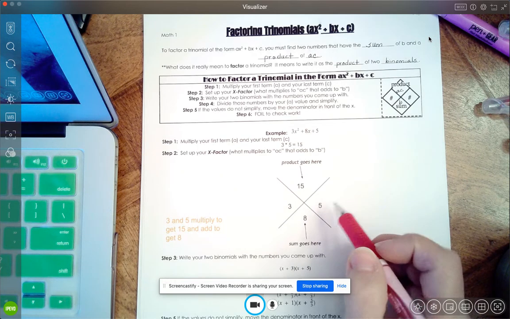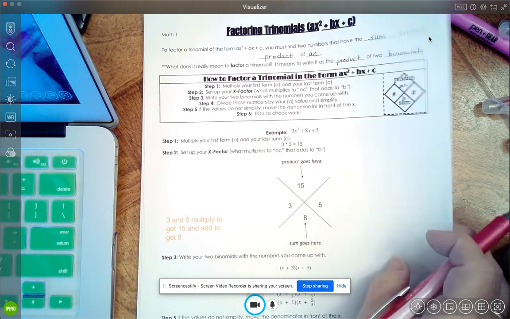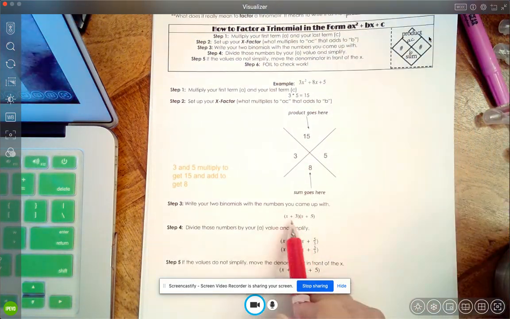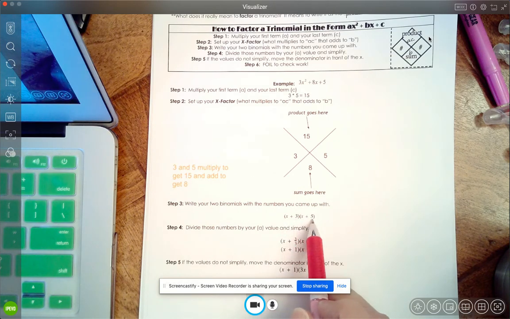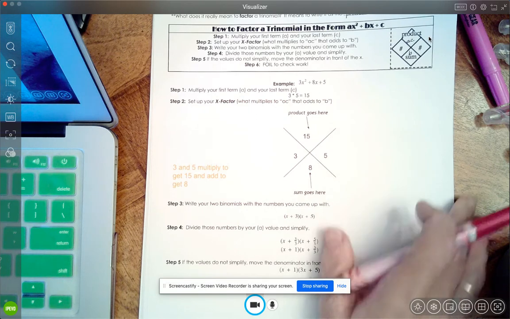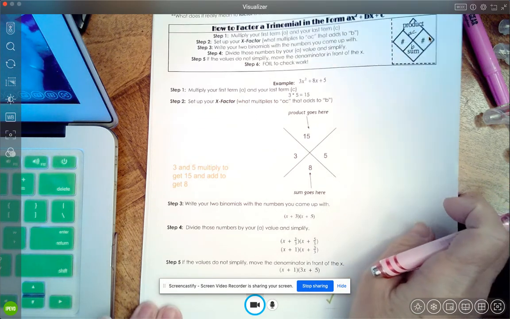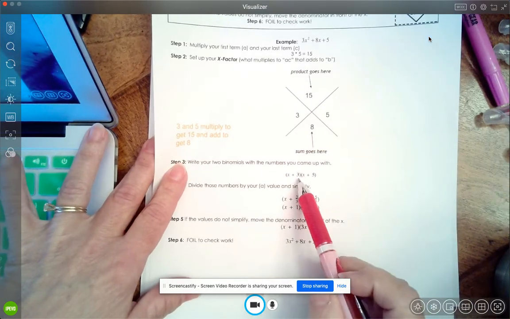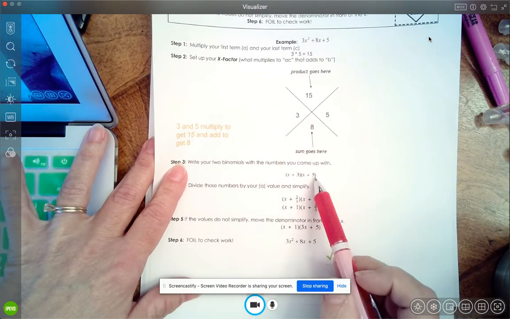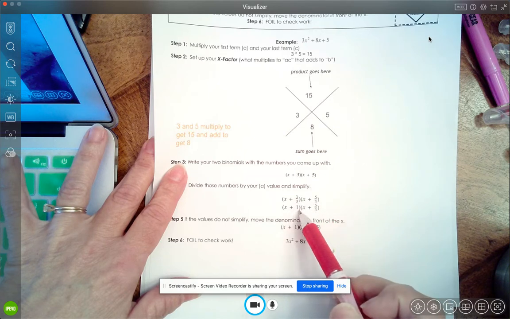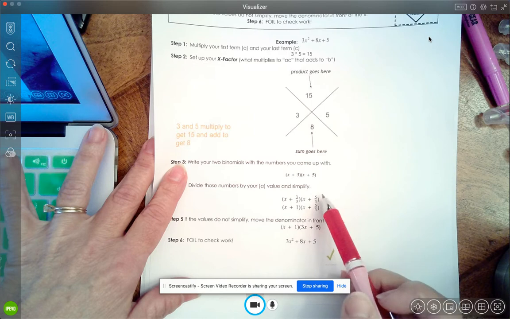So now I'm going to write my two binomials with the numbers that I came up with: x plus 3, x plus 5. I have them both as positive. The next thing I need to do is divide those numbers by my a value and simplify. 3 divided by 3 and 5 divided by 3. 3 divided by 3 will simplify to 1, but the 5 divided by 3 will not.